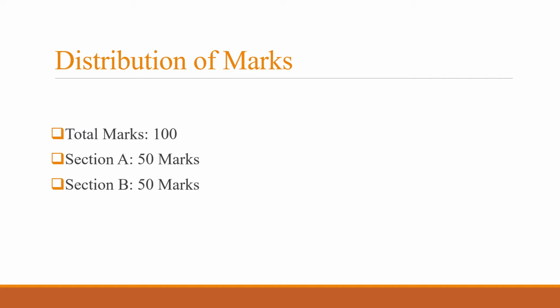So these two sections, each carrying 50 marks, make 100 marks, and English is a compulsory subject in B.Sc. So this is the distribution of the marks. Next we would go into detail of these sections, how many questions there are in each section and what the weightage of the marks is that is being given to each question.